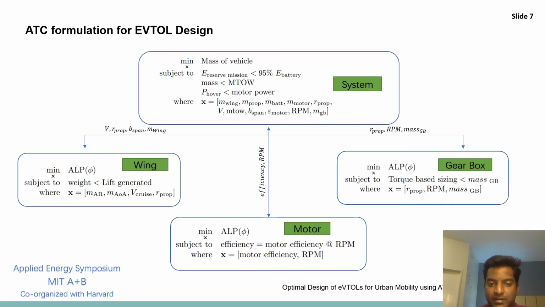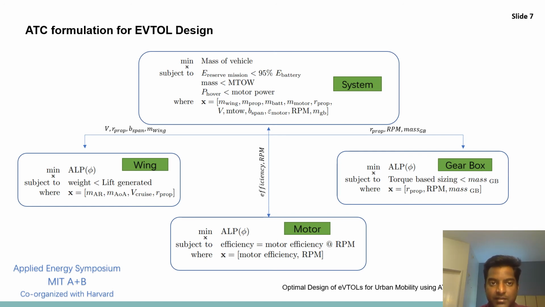So here we are optimizing for a lot of design variables. And as I mentioned, there are a few key design variables included, so that we can understand how the variation of these design parameters affects the overall mass of the vehicle.